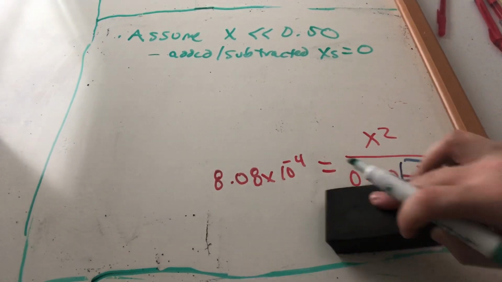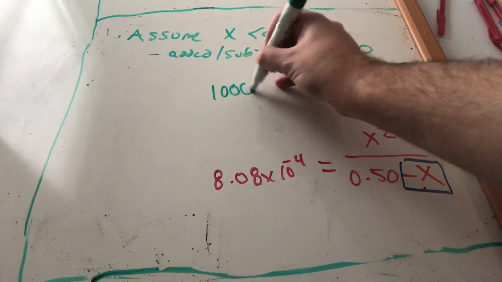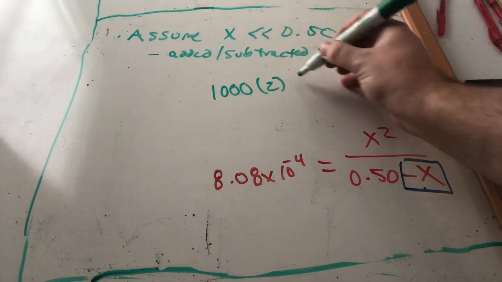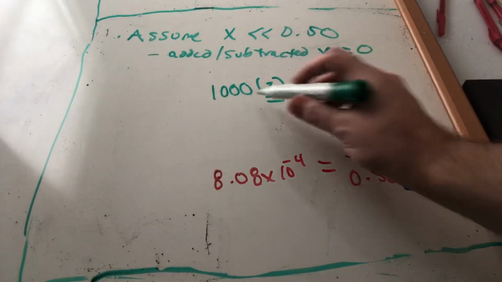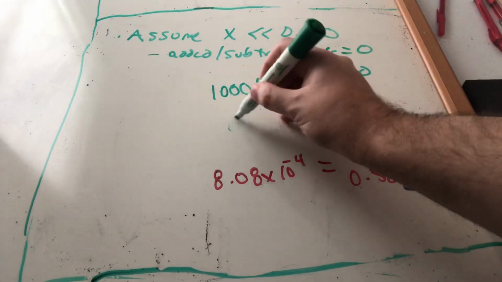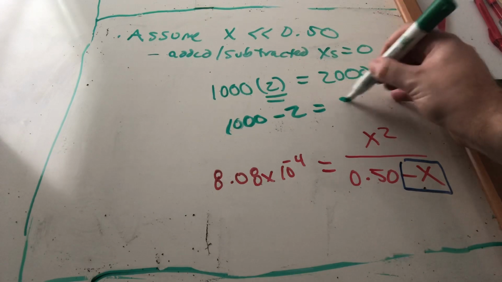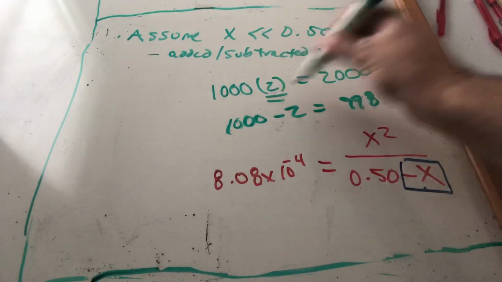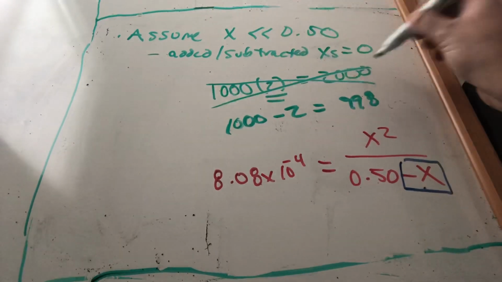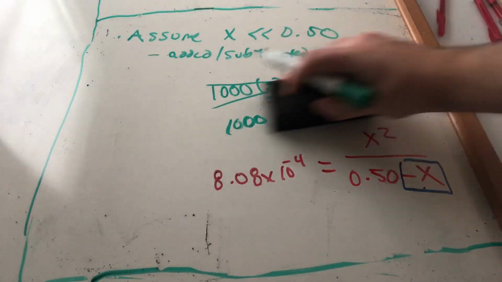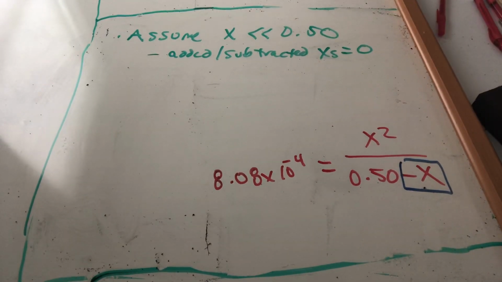If I have, doing another example here, 1,000 times 2, that's 2,000. That multiplicative value changed this drastically. If I have 1,000 minus 2, oh, well, that's 998. That's really close to where we were before. So we never do this with multiplicative x's. We only do it with additive or subtracted x's when we decide that they're small.